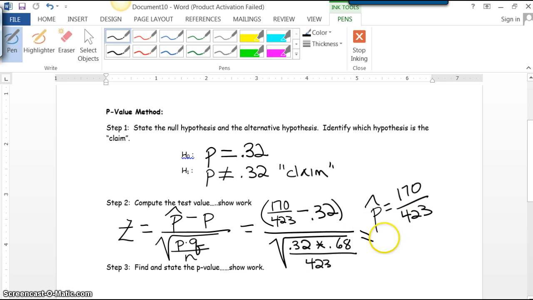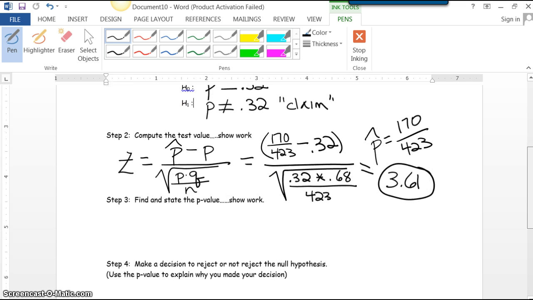When you put this in your calculator, you'll get close to 3.61 for your test value. You can type it just the way it looks, 170 divided by 423 minus 0.32, and make sure you put parentheses around it before you hit the division sign.